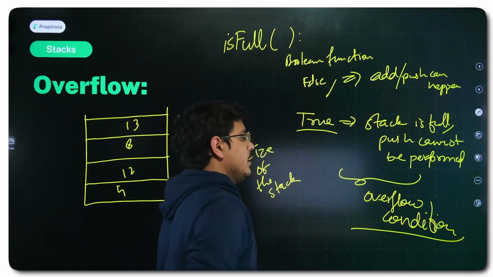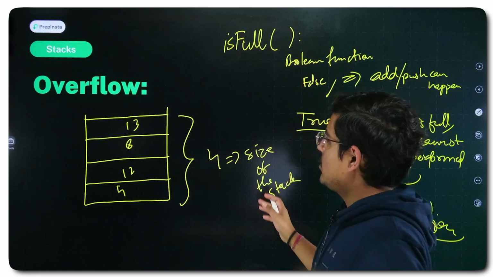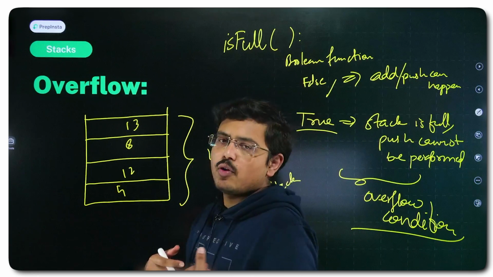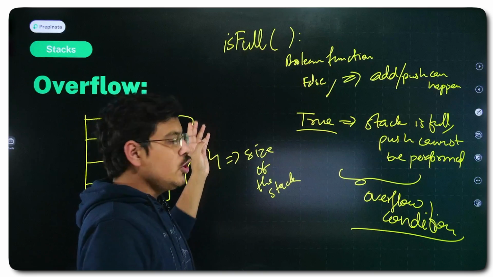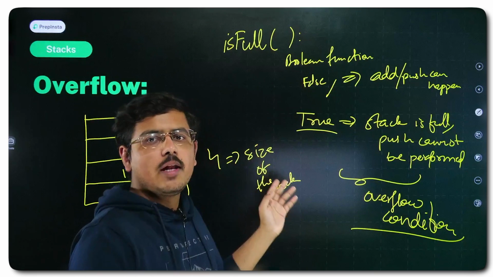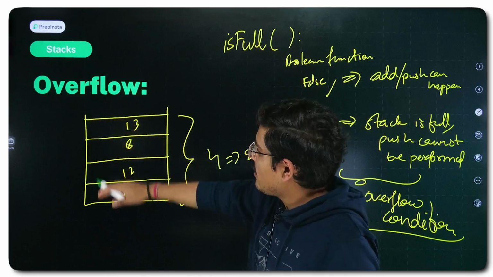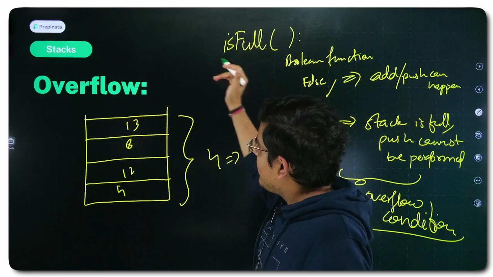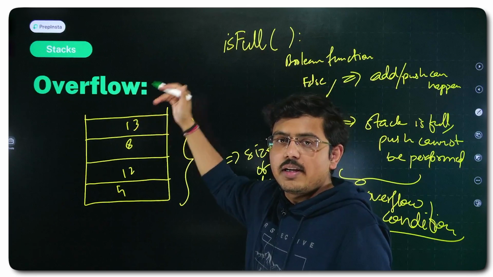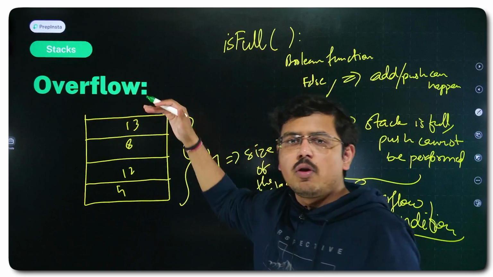Now this is called overflow condition. Whenever you have a stack and you're exceeding its size, you're trying to push a new element when you do not have the space for it. Here the size of the stack was 4, it could accommodate 4 elements. Now you tried inserting another element in it, it cannot happen, it is full till the top level, till the last element.